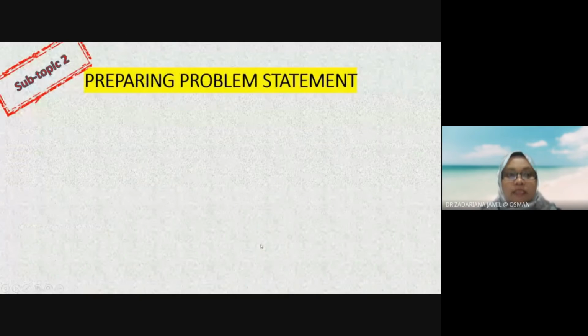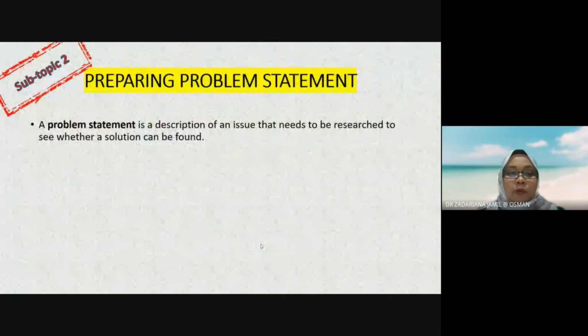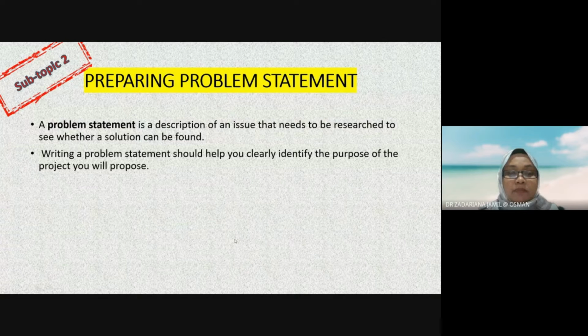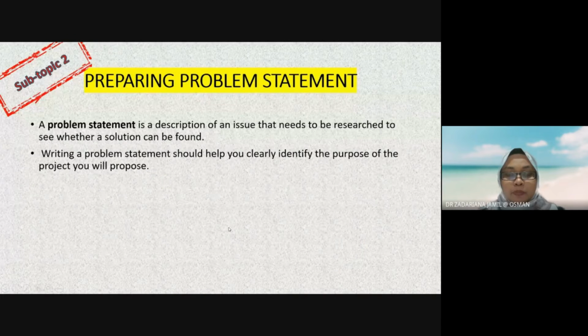Let's look at subtopic 2, how to prepare a problem statement. A problem statement is a description of an issue that needs to be researched to see whether a solution can be found. Writing a problem statement should help you clearly identify the purpose of the project you will propose.